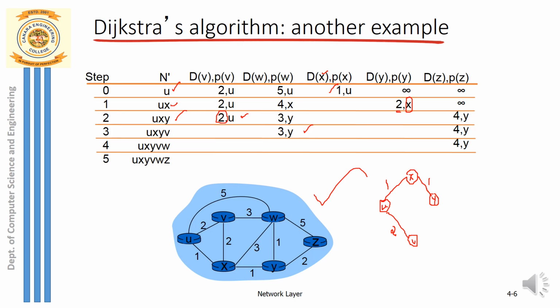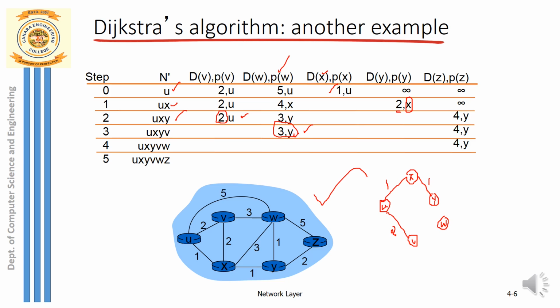So after step 3 you can find the least distance is 3, and that is from u to node w. I can reach at the cost of 3 via which node? Via the previous node y, which I have already added. Now all that I have to add is the node w. So u to w you can reach at the cost 3 via the node y.